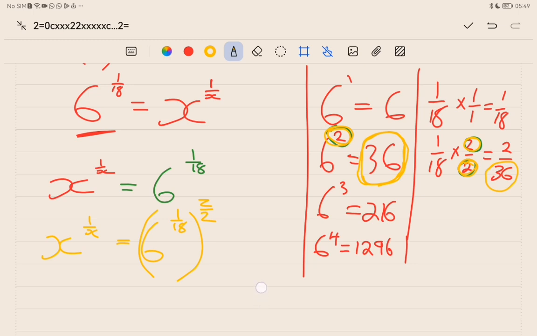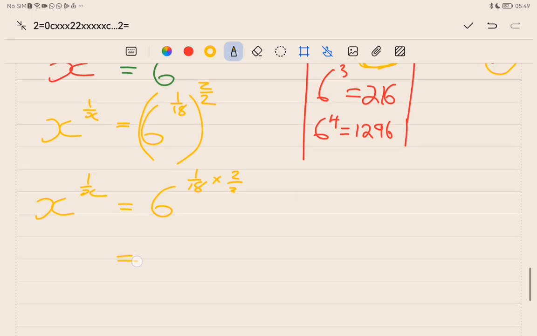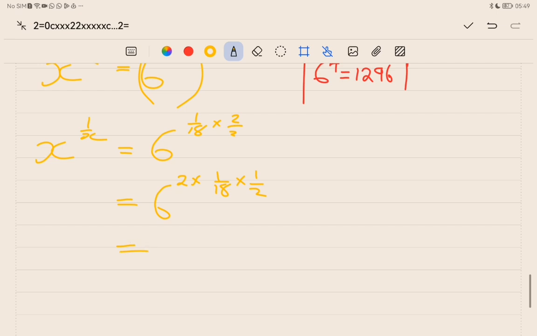Then you must manipulate it further, and when you manipulate it further, you do this. It is quite straightforward when you reach this point.